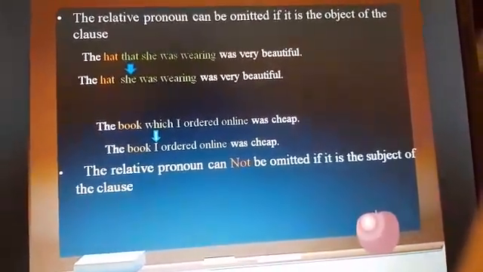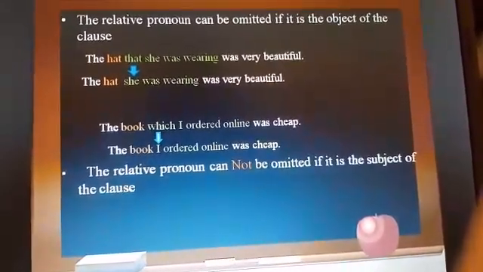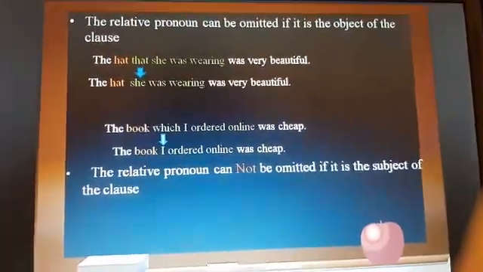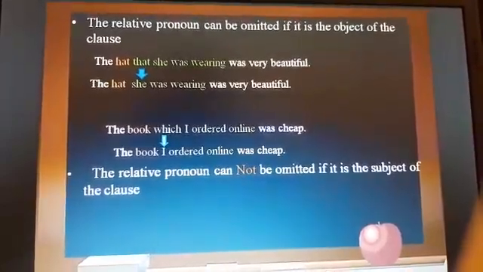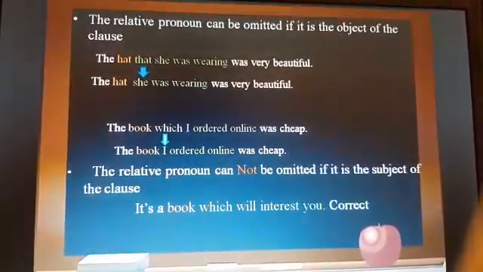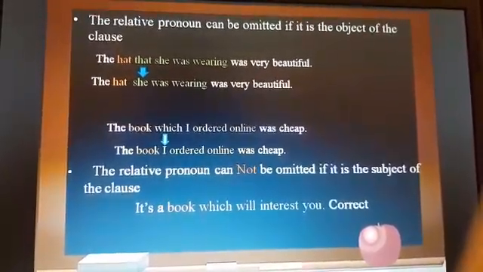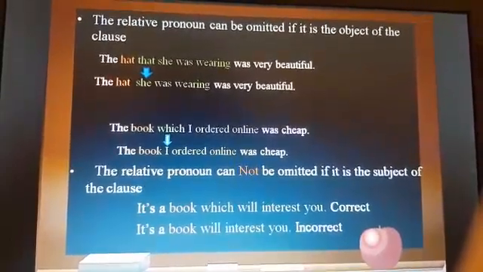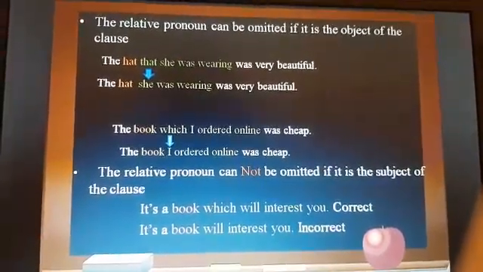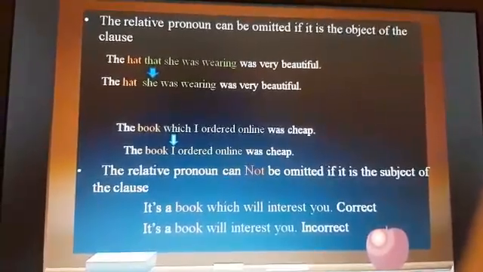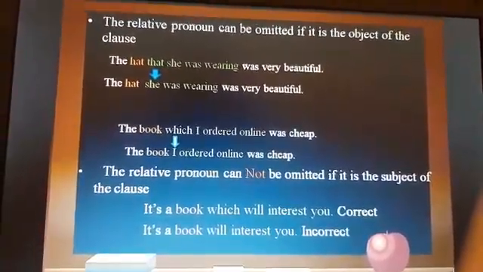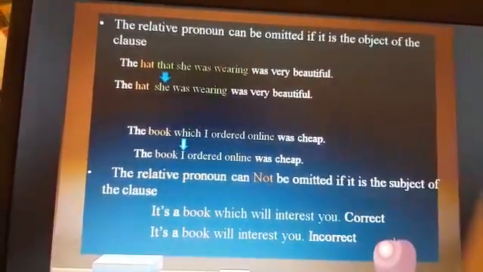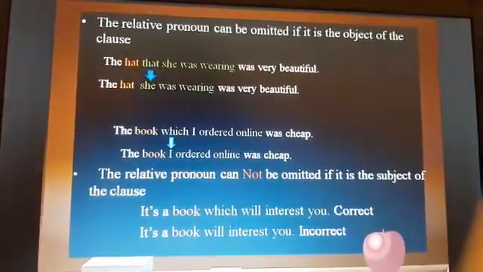Be careful, the relative pronoun cannot be removed if it's the subject of the clause. It's a book which will interest you. It's a book will interest you. So the second sentence is incorrect. So we must use which if it's the subject of the clause.